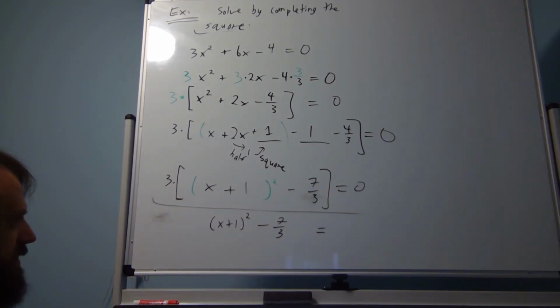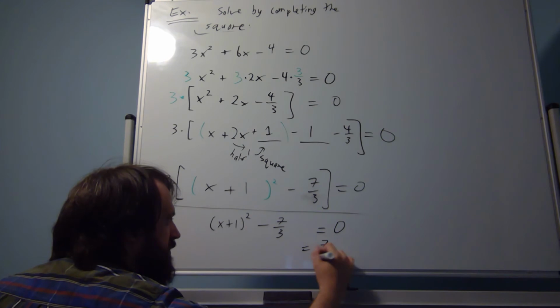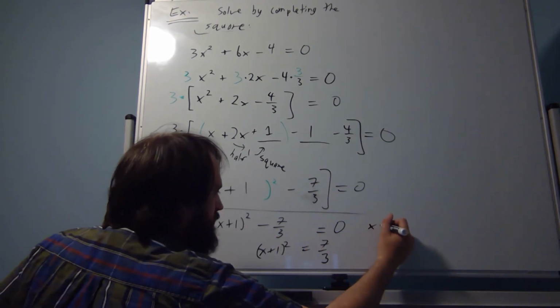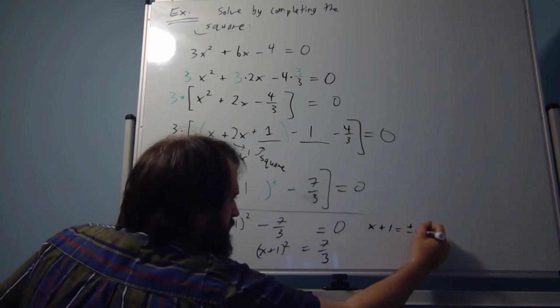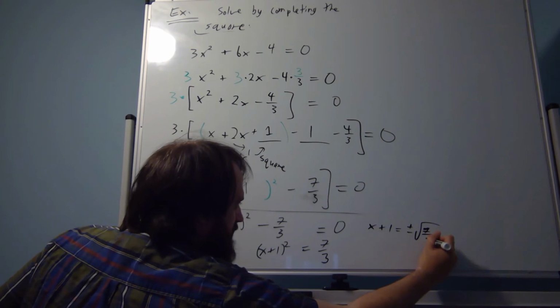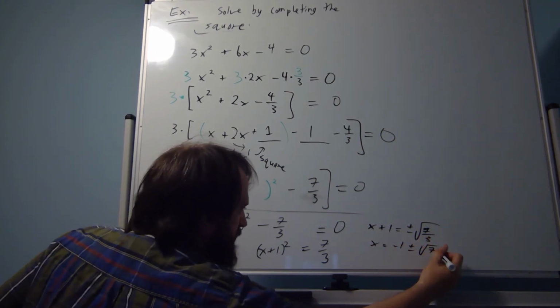So the 3 is divided out of both sides, and the right-hand side is 0 divided by 3, which is 0. Take the positive or negative square root of both sides. x is -1 plus or minus the square root of 7/3.